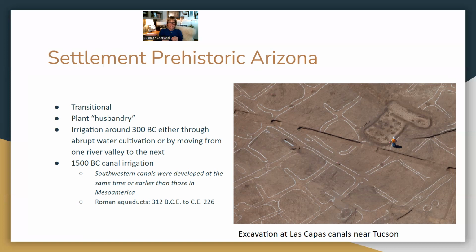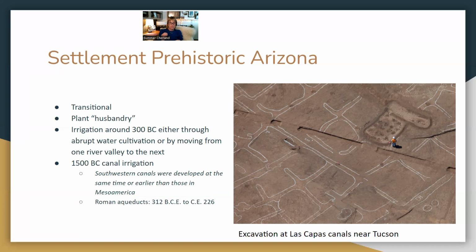We know irrigation doesn't happen until much later on. Irrigation, the drawing of water from rivers, etc. This happened around 300 BC. Now that's getting closer and closer to zero, right? So we know that's getting closer to the modern or common era.